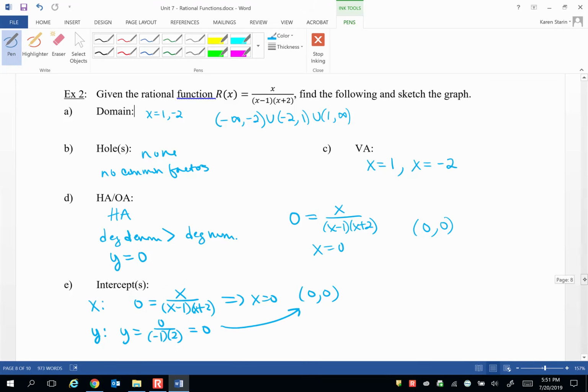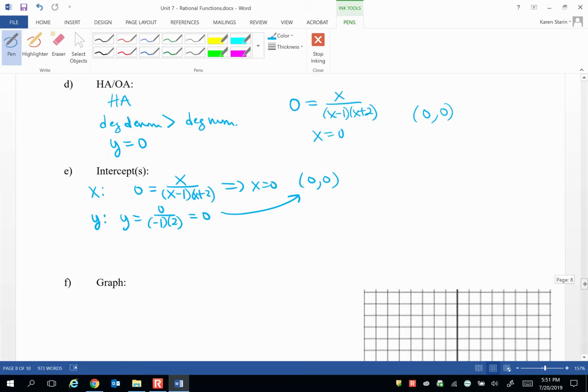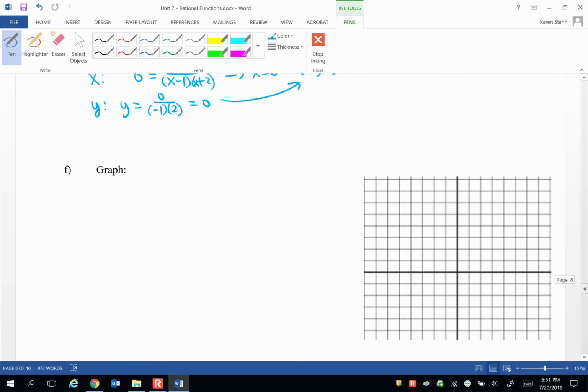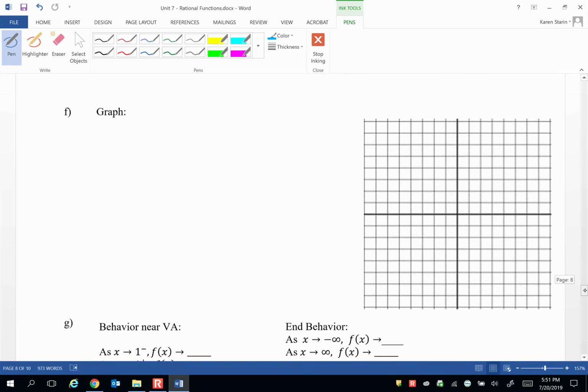Now, when we're going to graph this with the information that we have so far, you'll have to look on your paper, I'll go ahead and put in our asymptotes. And we only have 1 point, so we're going to have to do a little bit more of an investigation here. So at x equals negative 2, I have a vertical asymptote.